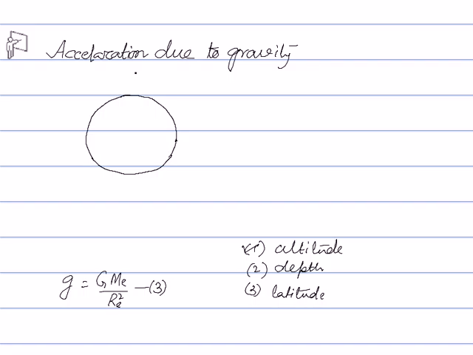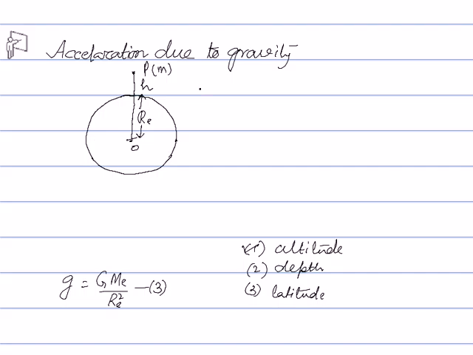Let us imagine a point mass m at P at a height h above the surface of Earth. This is the center of Earth. This distance is the radius of Earth. Now let g dash be the acceleration due to gravity at the point P because of Earth's gravitational force.